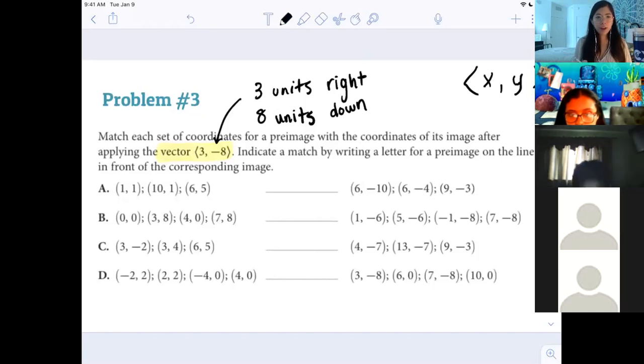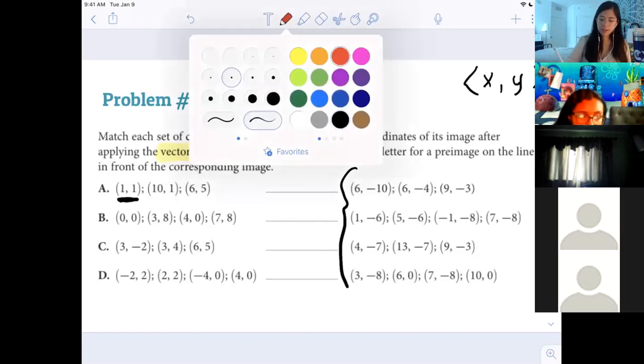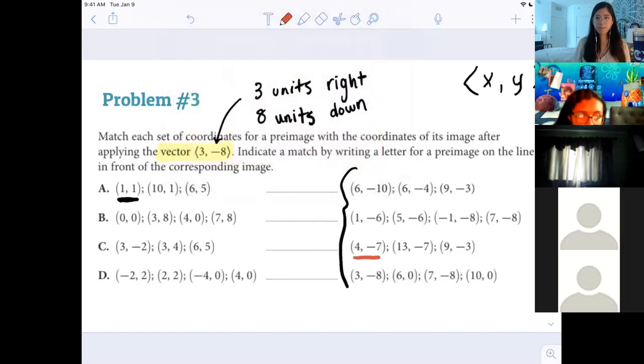Okay, so for A, I have 3 points, and I'm trying to see which of the possibilities over here take those 3 points and add 3 to the x value and subtract 8 from the y value. So for example, 1 comma 1, I would add 3 to the x, so that should be a 4, and then I have to subtract 8 from 1, so that should be negative 7. So I'm looking for 4 comma negative 7, and I see it right there.